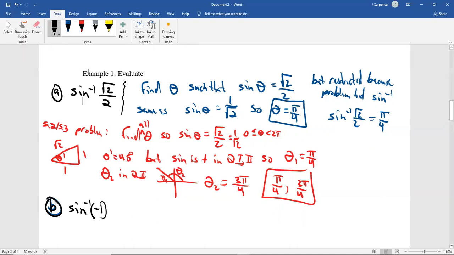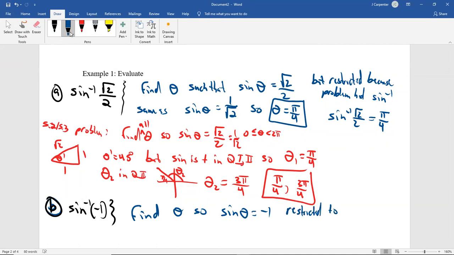Okay, so the problem that you're really doing is finding, again, the black ink is the whole problem, but then what you're thinking about is finding an angle such that the sine of that angle is equal to -1, but restricted to what?